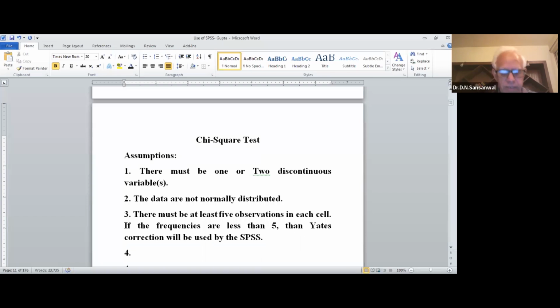Then another is there should not be any empty cell. That means if there is a cell without observations, then you cannot compute chi-square. It's not possible.